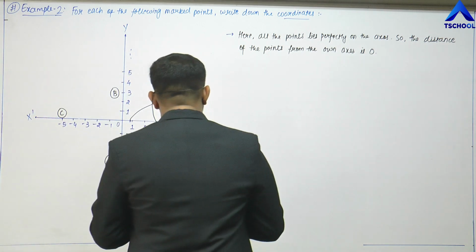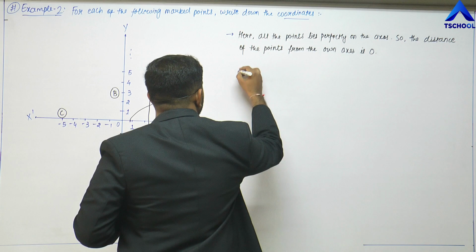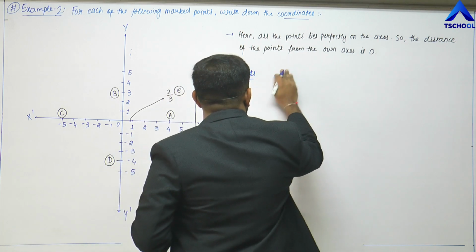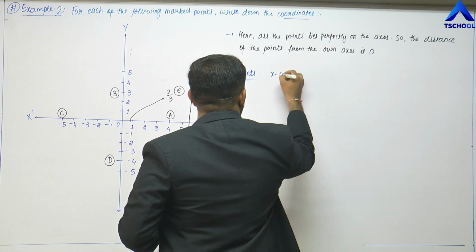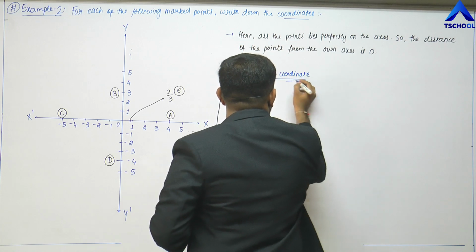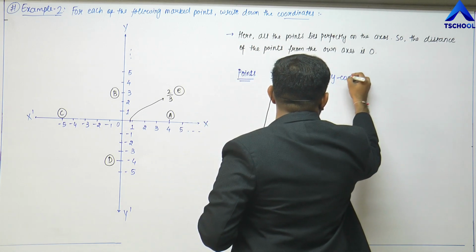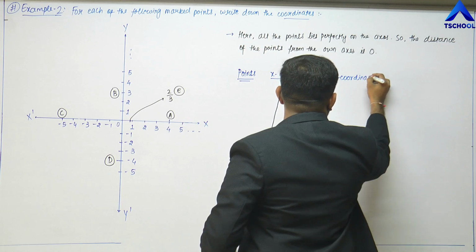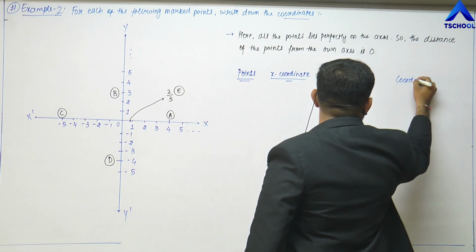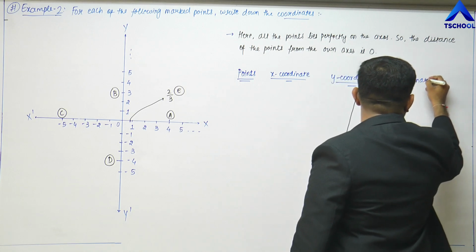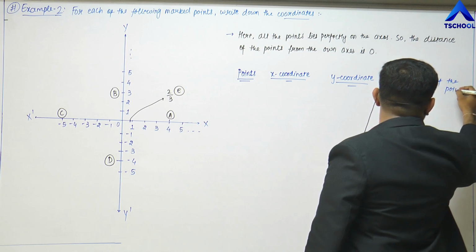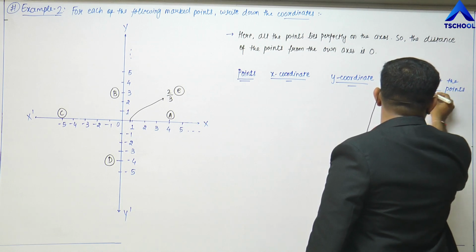So writing down the points here, we shall write down the x coordinate, we shall write down the y coordinate, and we shall also write down the coordinates of the points, right?